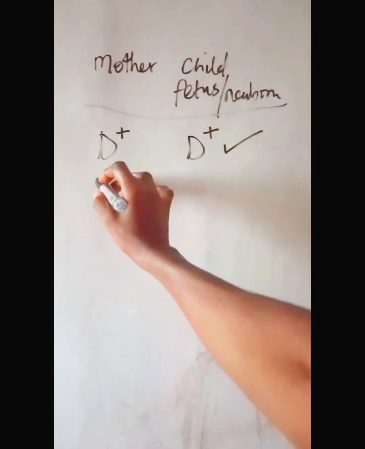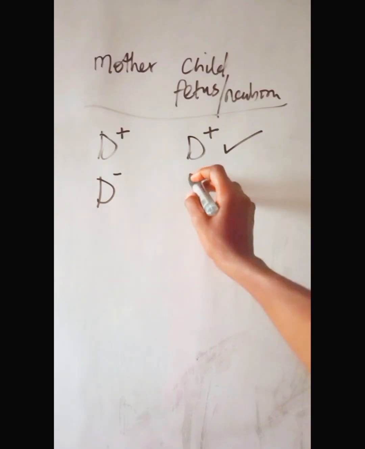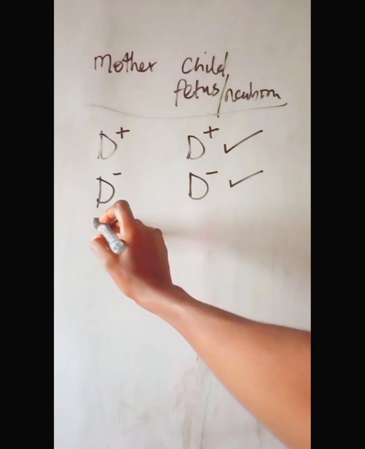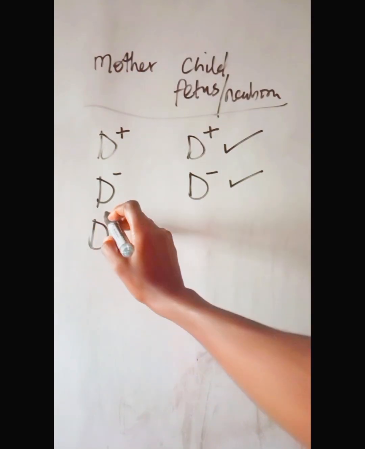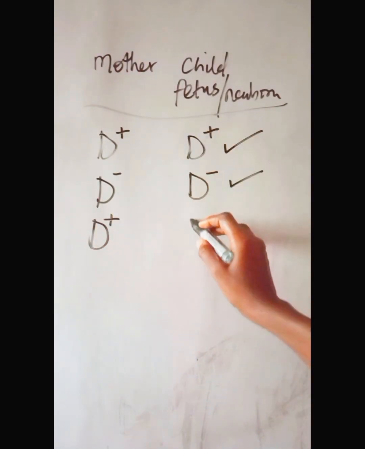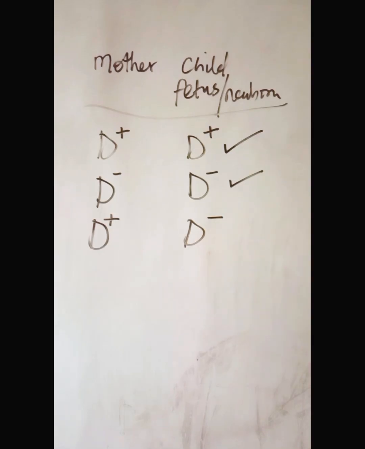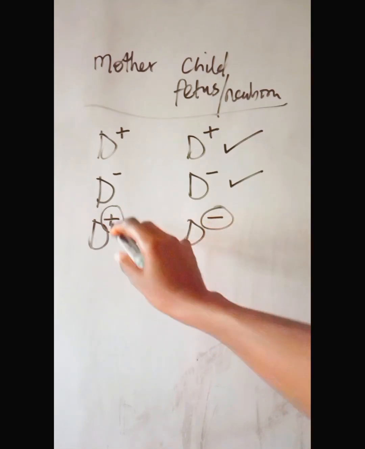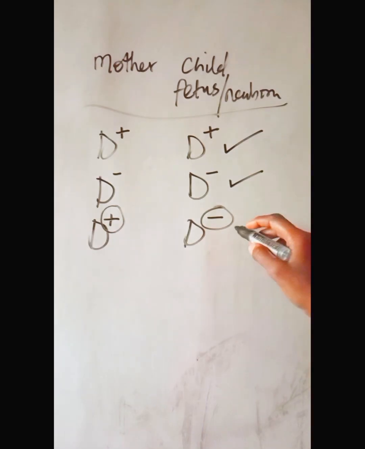If the mother is Rhesus negative, the child Rhesus negative, no complication. If the mother is Rhesus positive and the child is Rhesus negative, even though there is an incompatibility or mismatch of their Rhesus factors, however, there will not be any resultant complication.